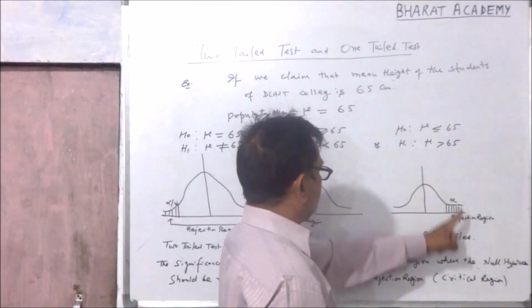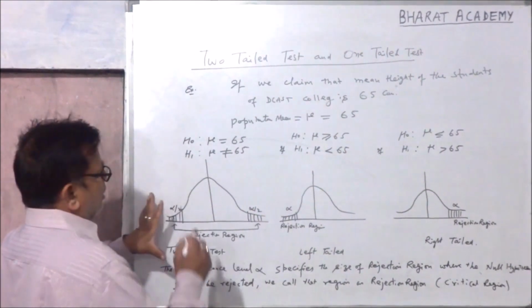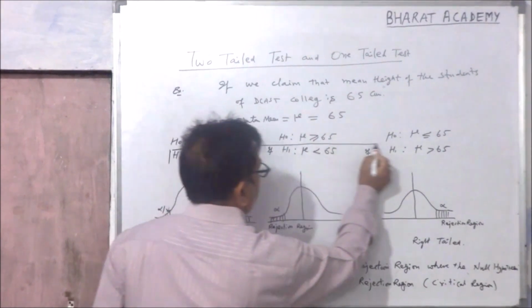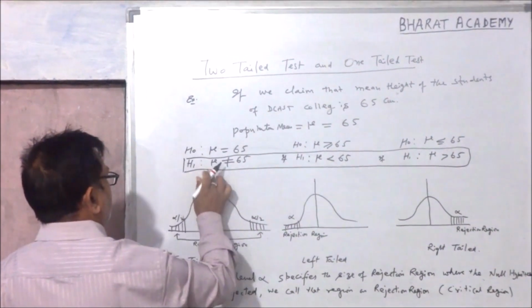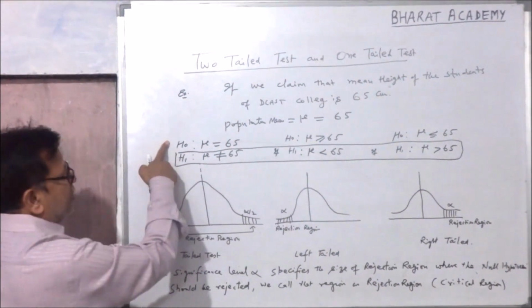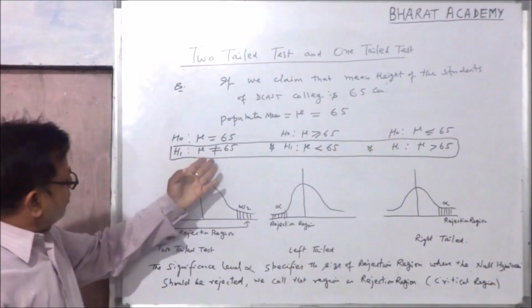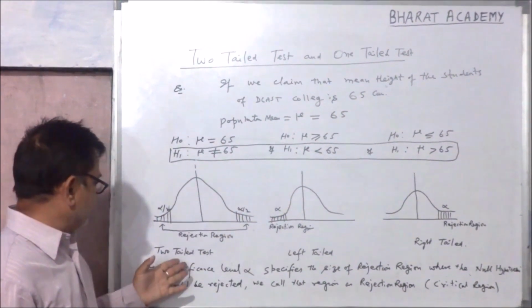In this case it will be a right tail test. It's very clear the alternative hypothesis never contains equality, but the null hypothesis contains equality, and the alternative hypothesis determines the tail of the test.